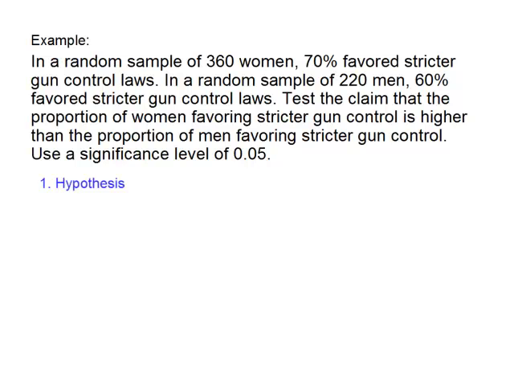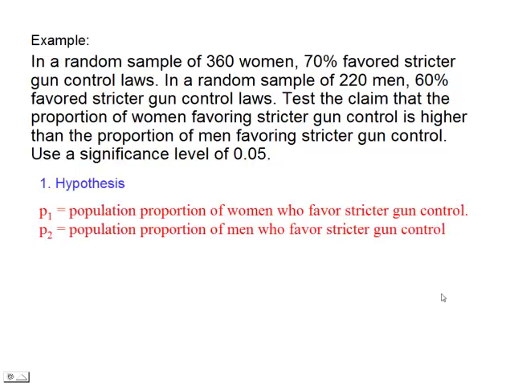So our hypothesis, stating our proportions, p1 is equal to the population proportion of women who favor stricter gun control, and p2 is the population proportion of men who favor stricter gun control. Our null is p1 equals p2, and our alternative is that p1 is greater than p2.